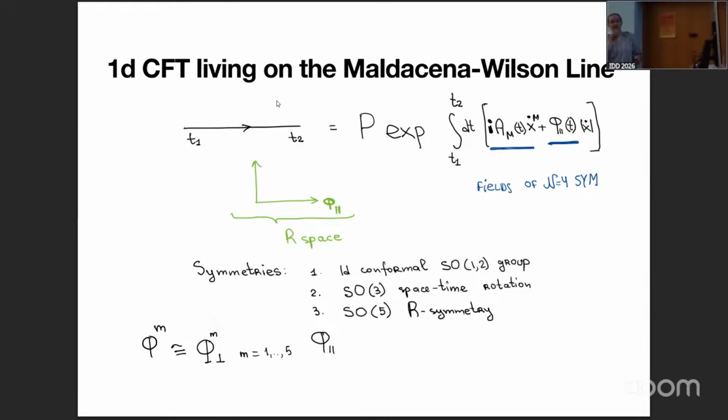So we have one field phi parallel, which is parallel to the line, and then we have 5 more fields, and SO5 rotation symmetry, R symmetry. So then our symmetry breaks, and we have 1D conformal symmetry along the line. Then we have SO3 rotation around the line, and we have SO5 R symmetry. And so these are our scalar fields which we have.